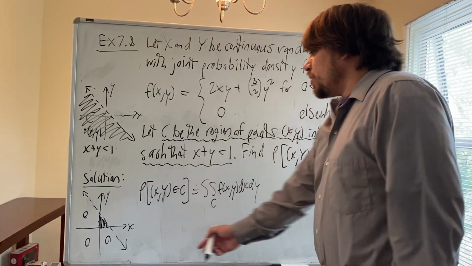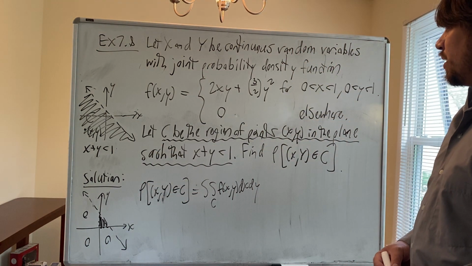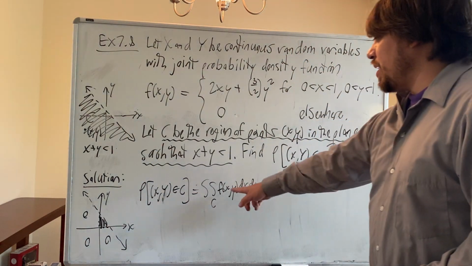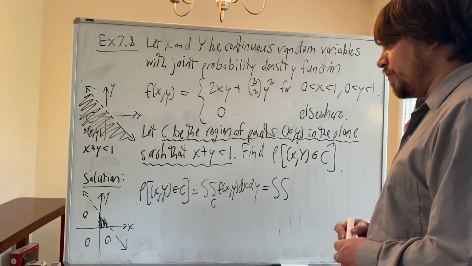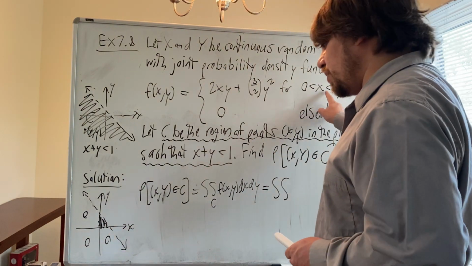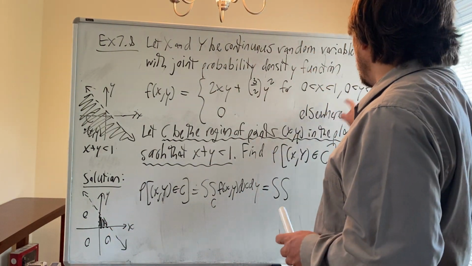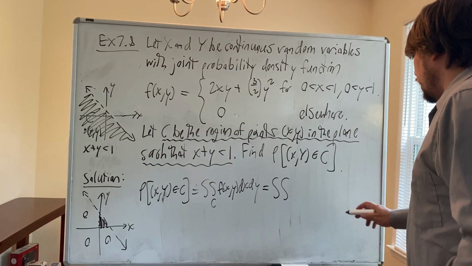So we're going to integrate over the entire region C and that probability function f. Now it's 0 everywhere else, so it's only non-zero here, and so it's only for 0 less than x less than 1, 0 less than y less than 1.